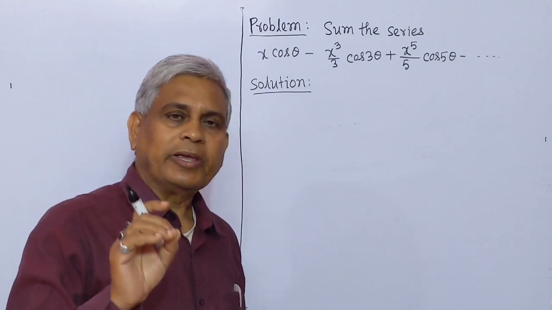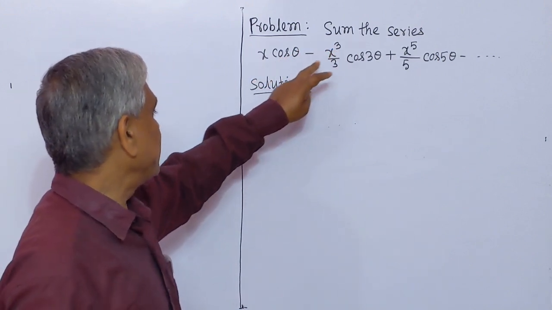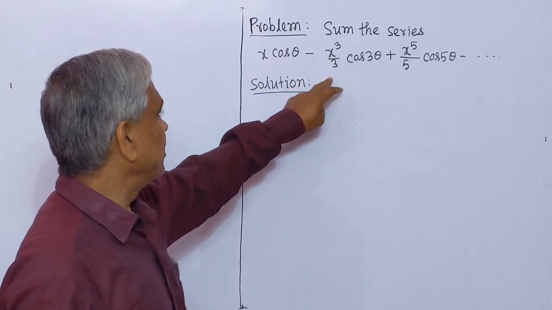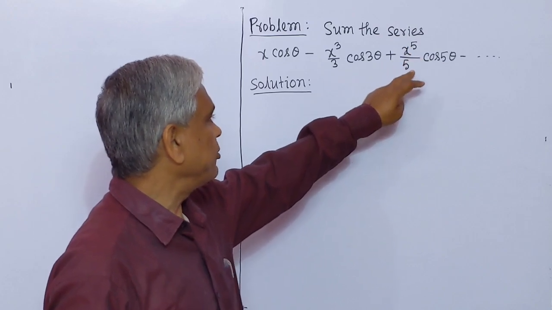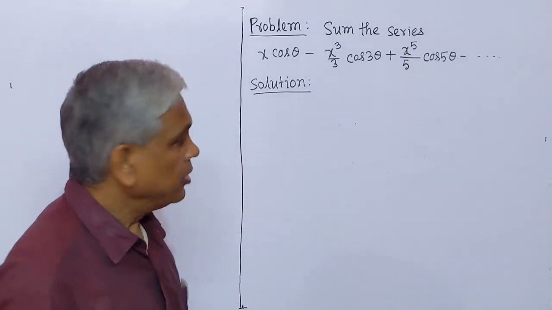Now we solve a problem. The problem is: sum the series x cos theta minus x cube by 3 cos 3 theta plus x to the power 5 by 5 cos 5 theta minus dot dot dot.